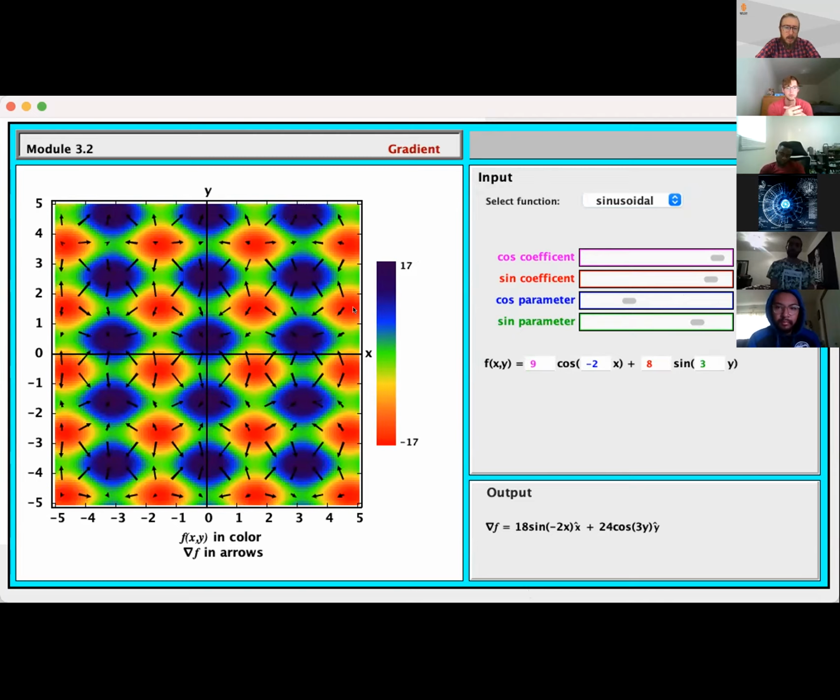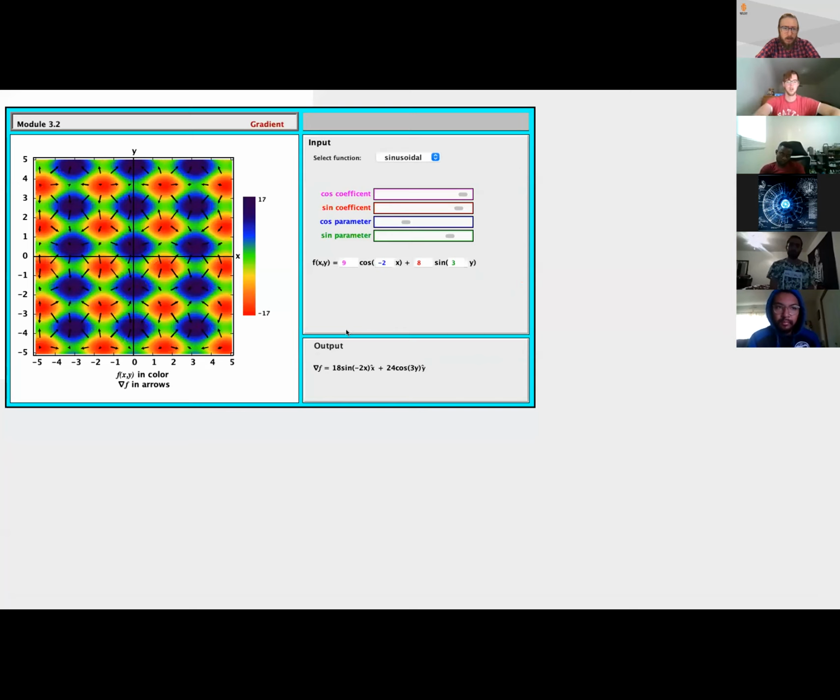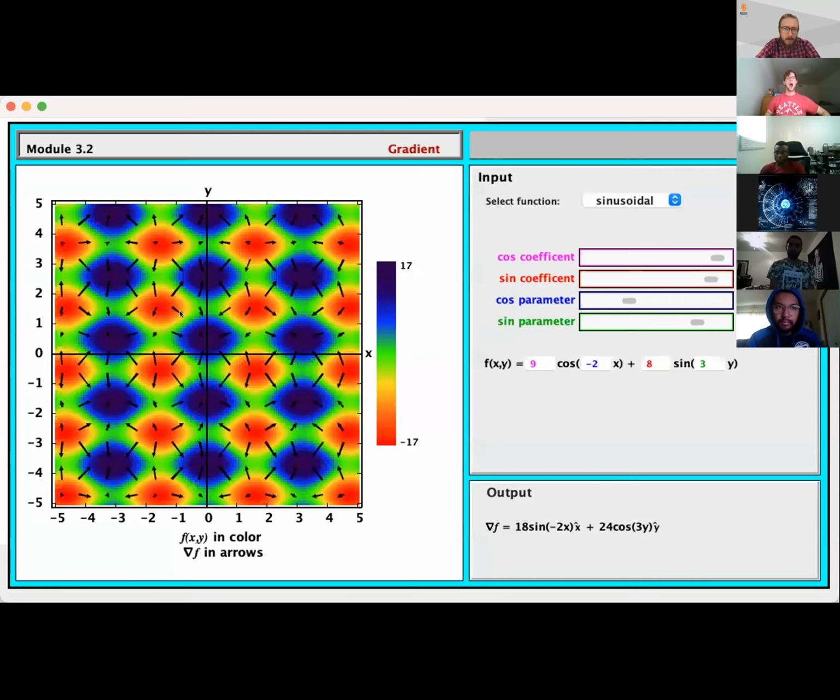For example, on this one, I just moved around the parameters.